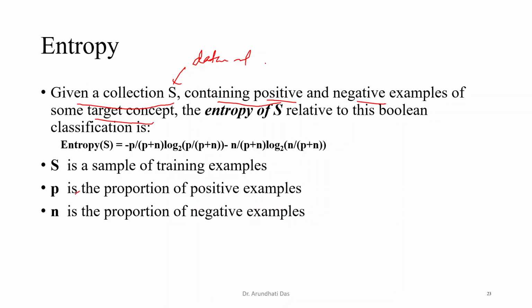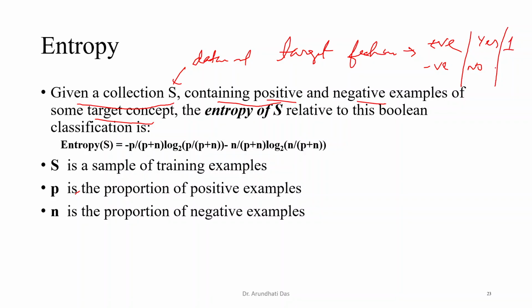That means the target feature value is either positive or negative. In other words, the class labels are either yes or no, or sometimes we also denote it as 1 or 0. So this is a two class problem that we are considering.